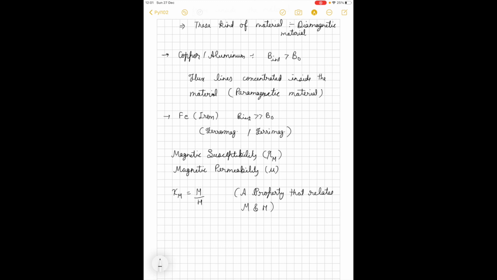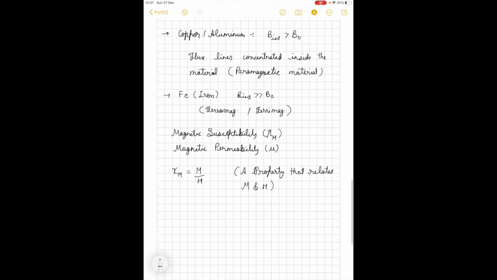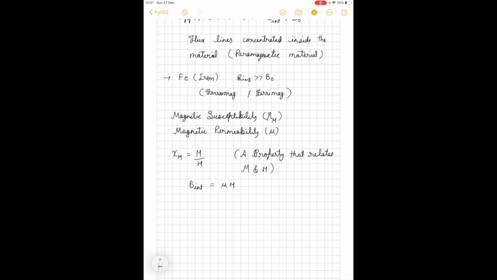For example, for diamagnetic and paramagnetic material, the B int, the internal induction or the internal flux density, is generally linearly proportional to the magnetizing field, meaning I can write B int is equal to mu H. Okay, so this mu here is called the magnetic permeability.